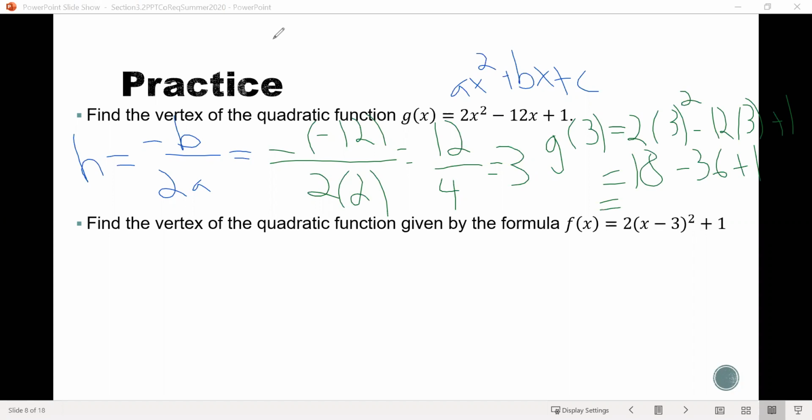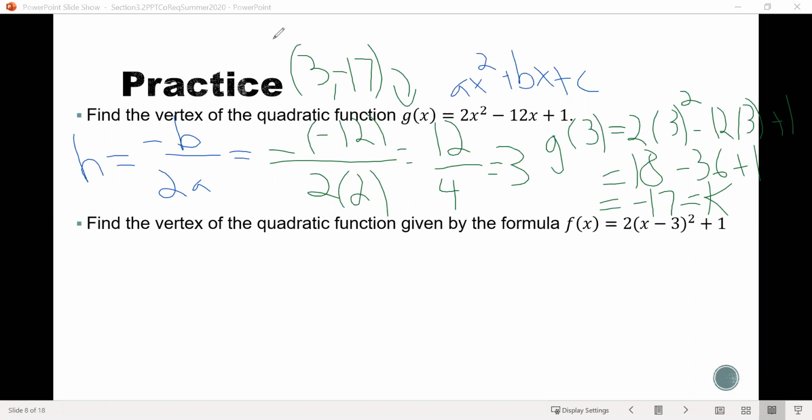So 18 minus 36 is negative 18, plus 1, negative 17, I believe, would be our value for k. That's what we get from plugging 3 in. So we know that the coordinates of our vertex for this first one, using the h, k method, are going to be 3, comma, negative 17.